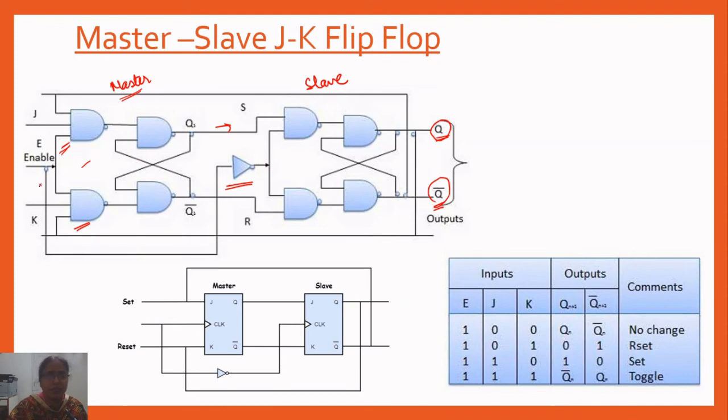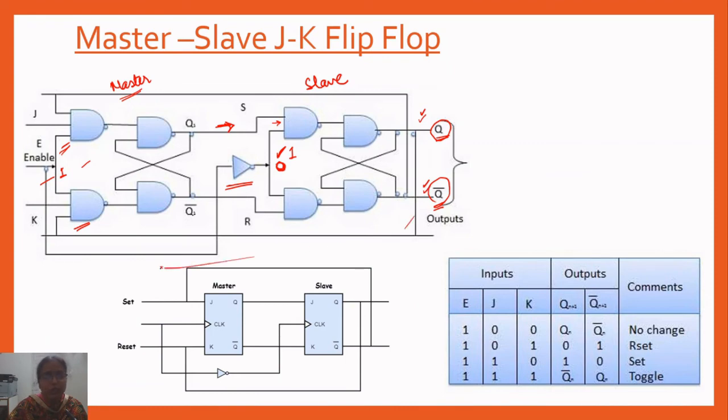So when master is enabled, master clock is high, this will be low. Like this it will happen. So first master gives the output, then this output is passed on to the slave, and the slave will start operating when this becomes high. When master is disabled, slave is enabled, and then it gives the final output.